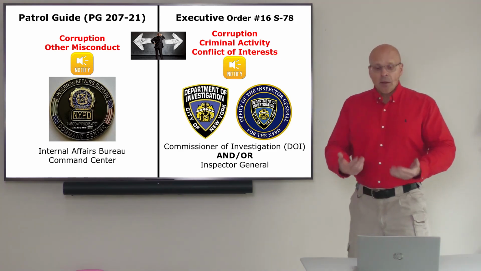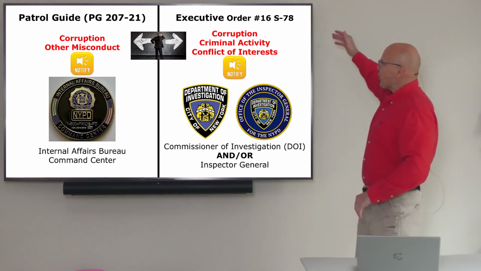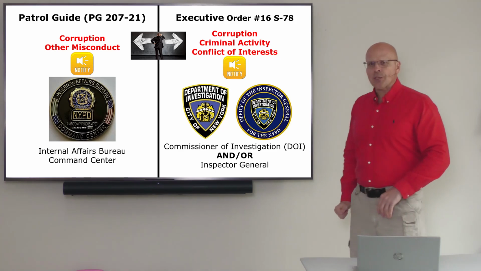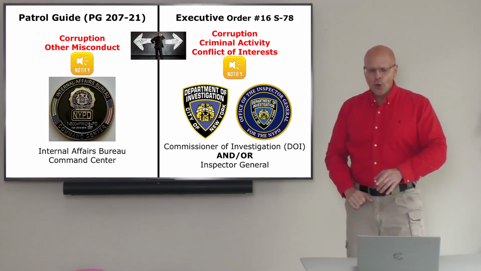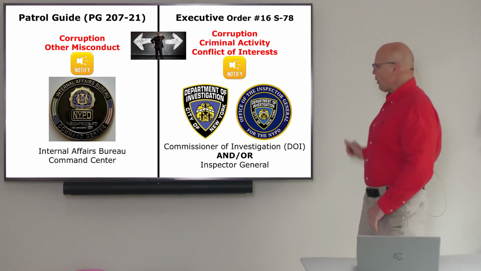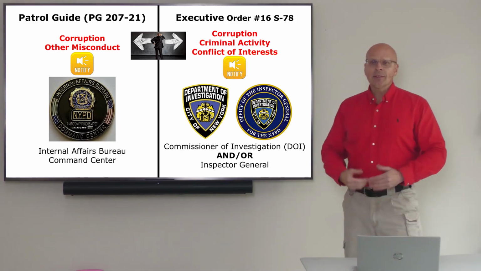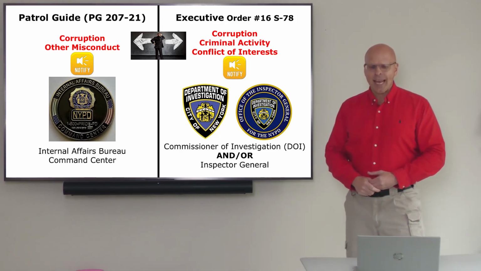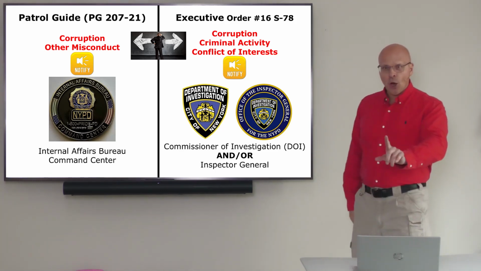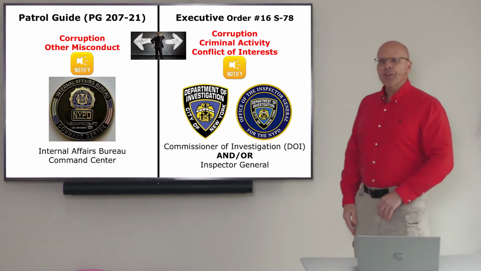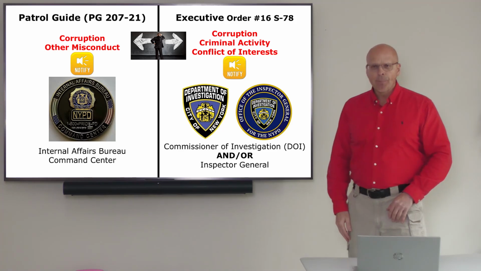But if they question you about corruption, criminal activity, or conflict of interest, according to Executive Order number 16 of 1978, you report it to the Commissioner of Investigation, DOI, that's also known as the Department of Investigation, and or the Inspector General. Please note, and or the Inspector General.